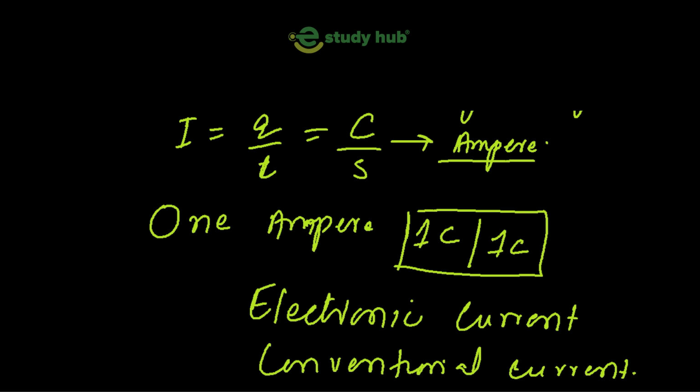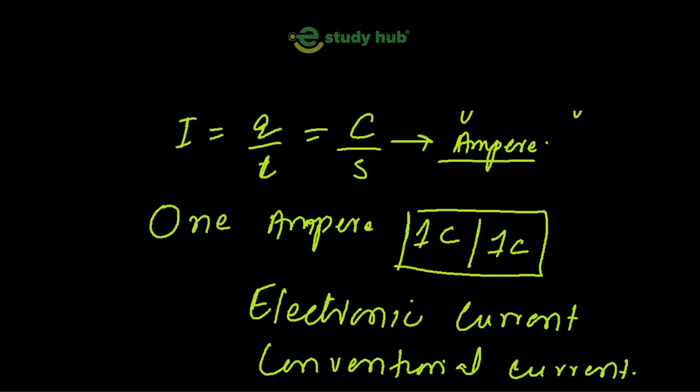The electric current in our homes, in the metallic wires, is due to the flow of free electrons. What is conventional current? As we all know, in 1897, J.J. Thomson discovered the electron.